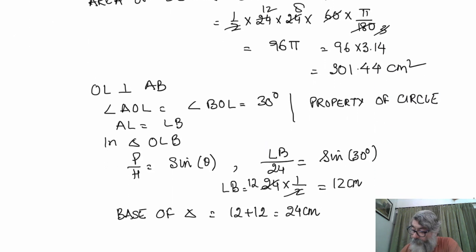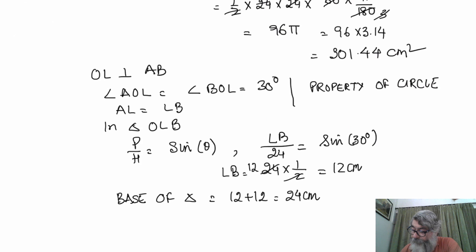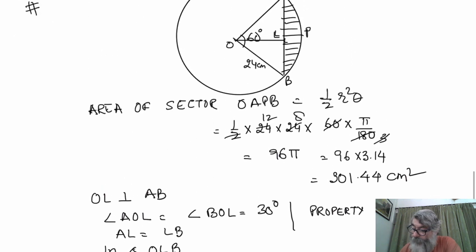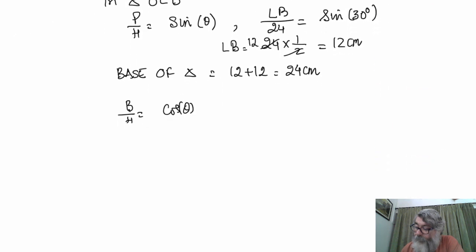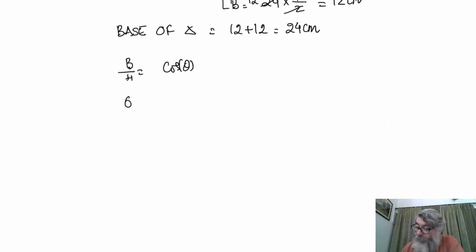So base upon hypotenuse is cos theta. Here OL upon 12 is equal to cos 30. So OL will be equal to 12 into cos 30.